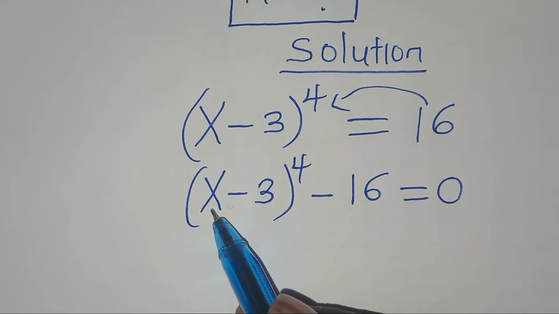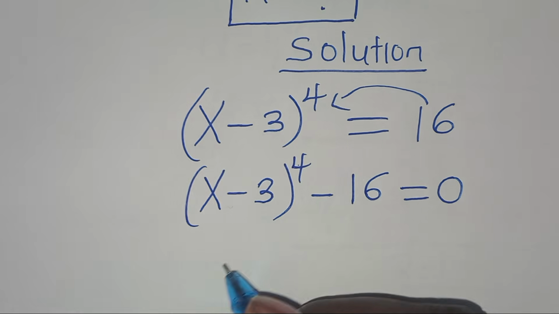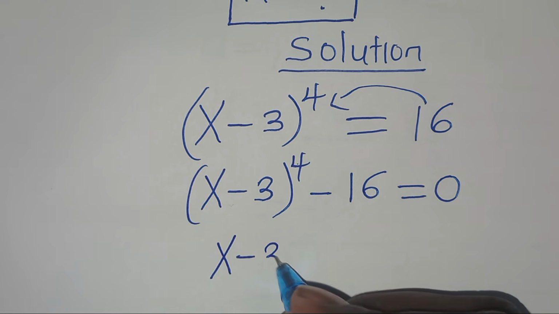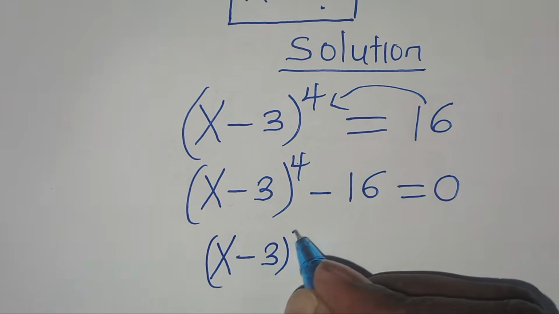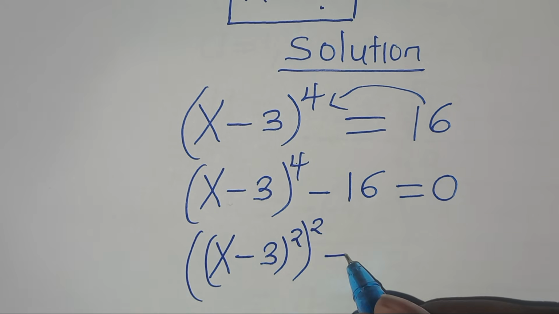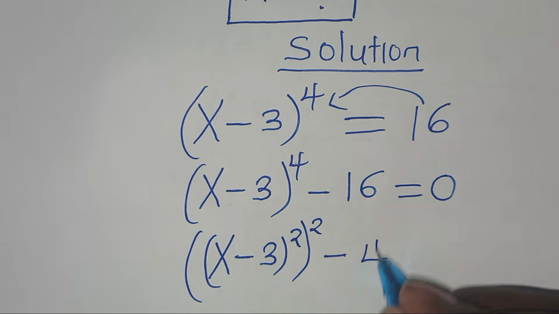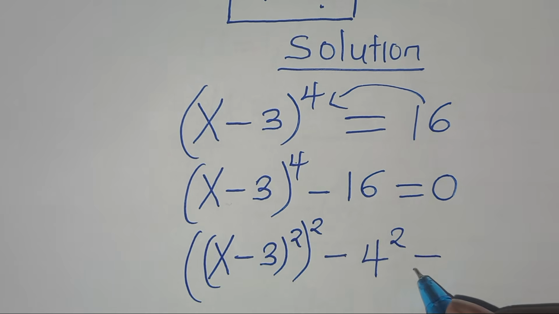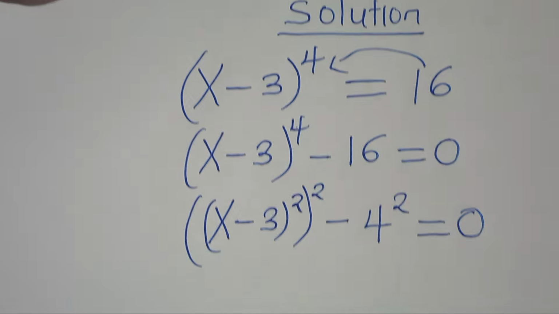Now we can express (x - 3)^4 as ((x - 3)^2)^2, then subtract 16, which is 4^2. This is equal to 0.